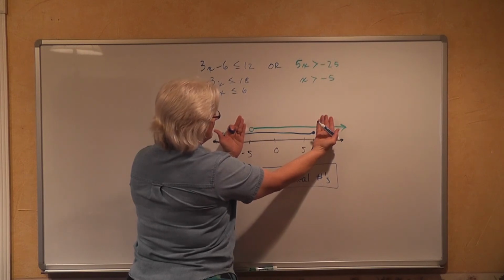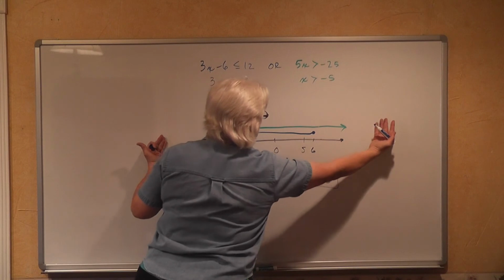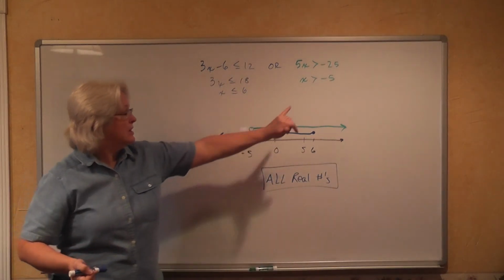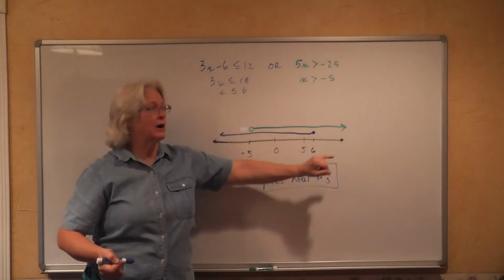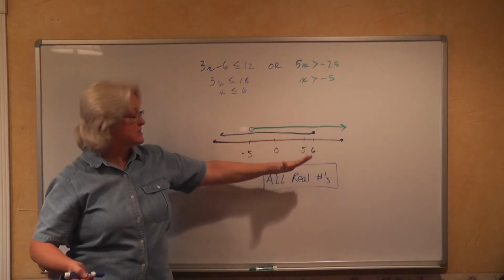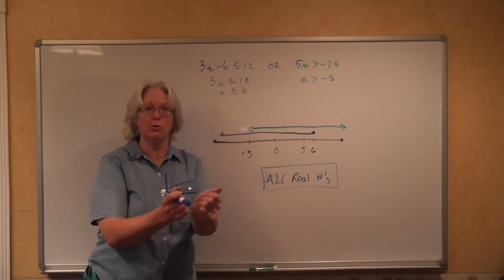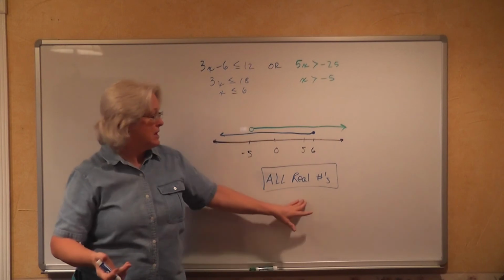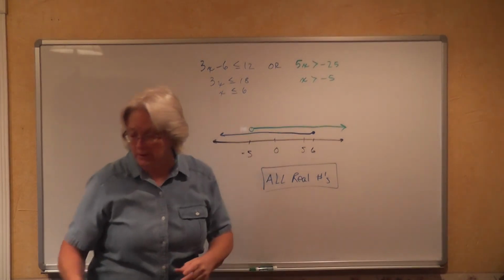But when you add everything else in, as long as one condition is fulfilled, as long as either x is greater than negative 5 or x is less than or equal to 6, that gives us this whole entire set of all real numbers. It includes every number as a part of your solution.